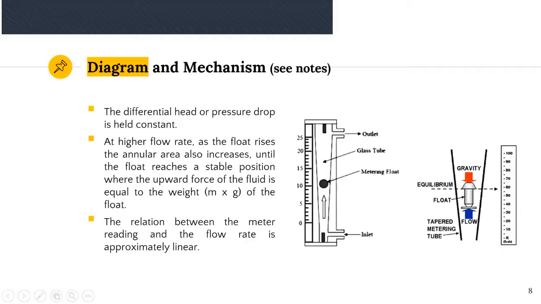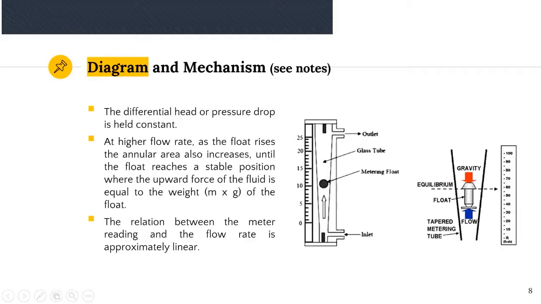When the upward force of the fluid is equal to the weight of the float coming down by gravity, the float will reach a stable position. The relation between those two will give the flow rate number.